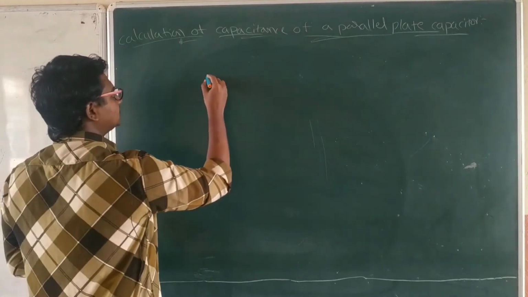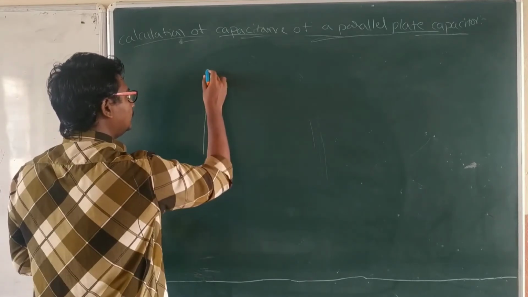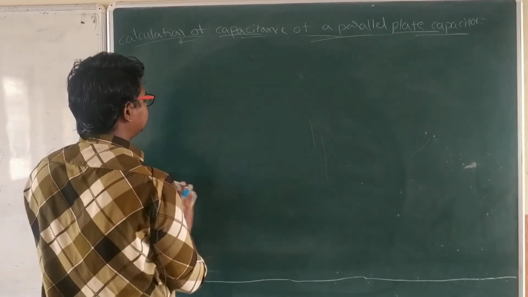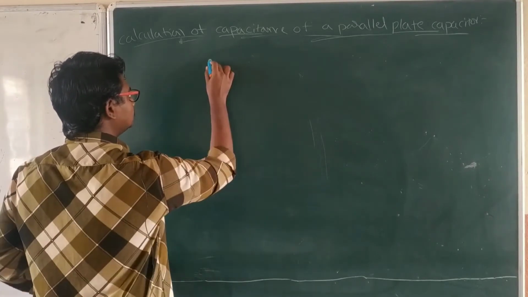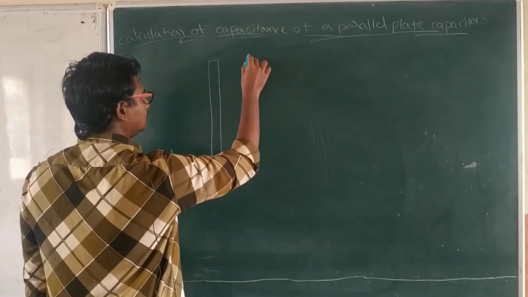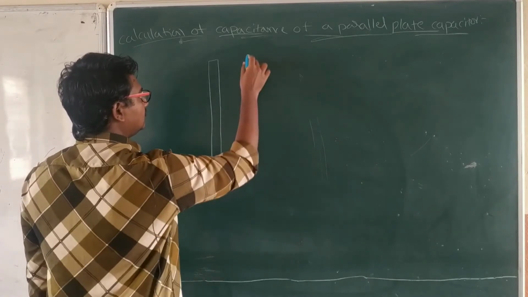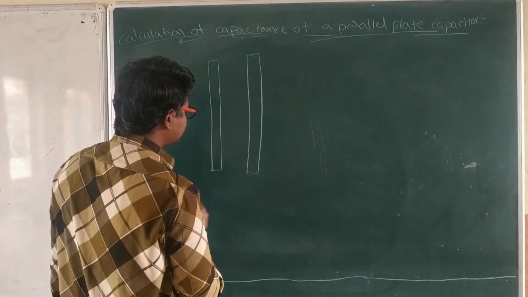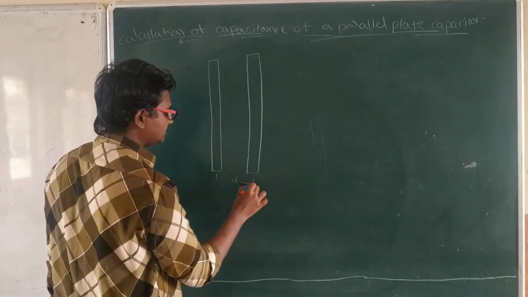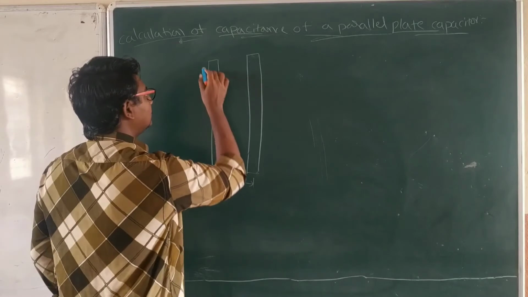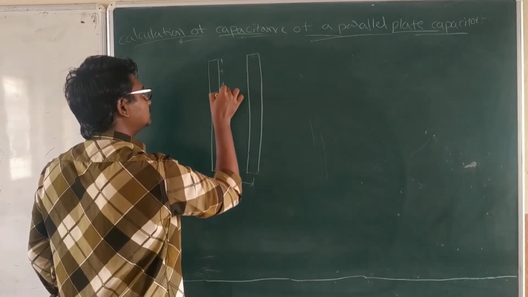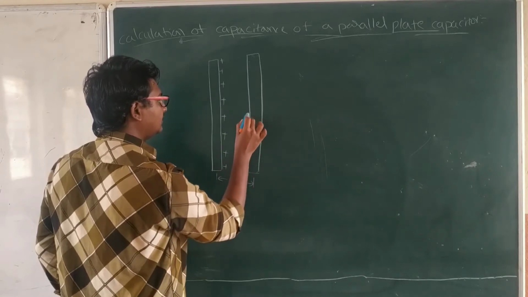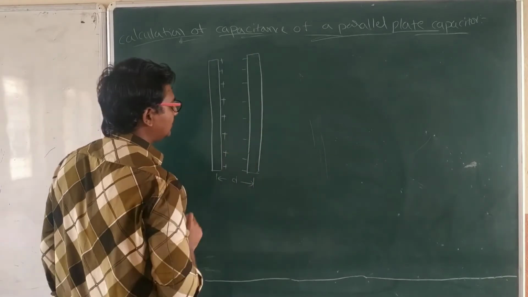Alright, now let's consider two parallel plates like this. Now we are considering two parallel plates in this manner, which are separated by a distance small d. One is a positively charged plate and another one is a negatively charged plate.